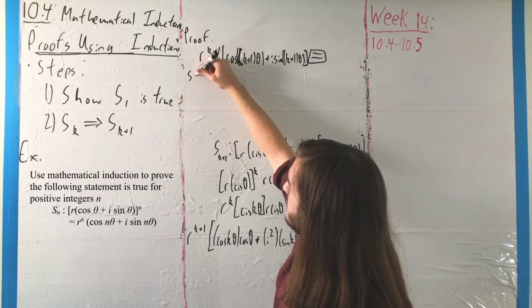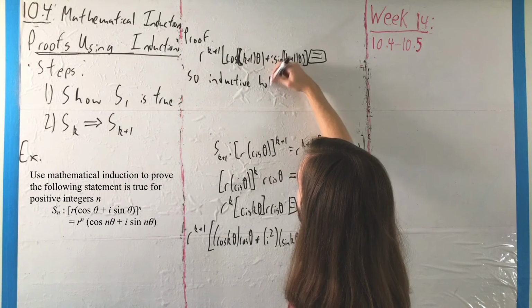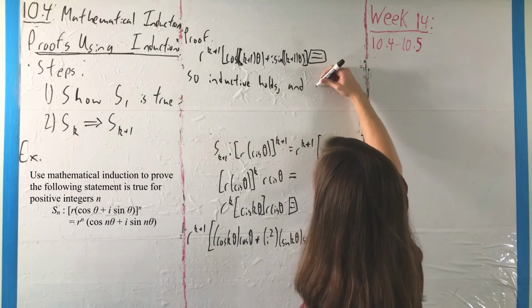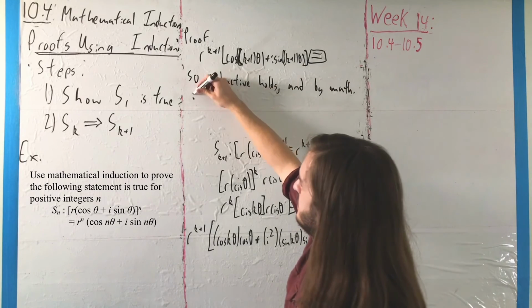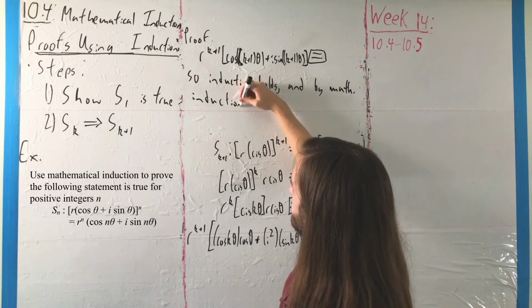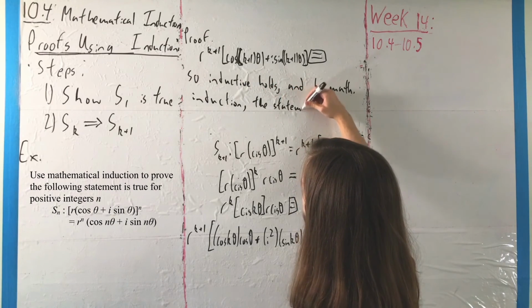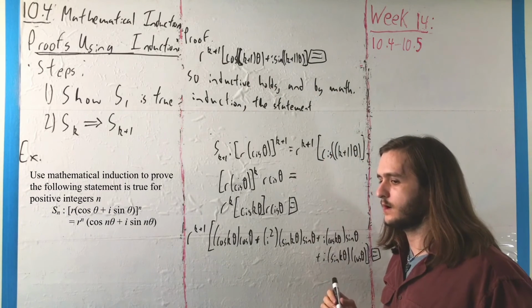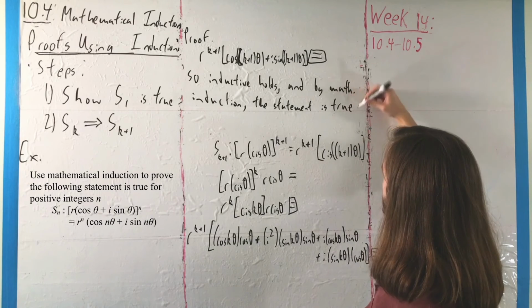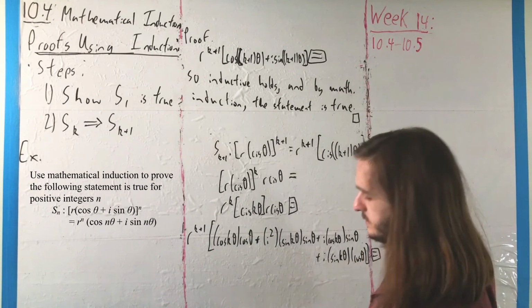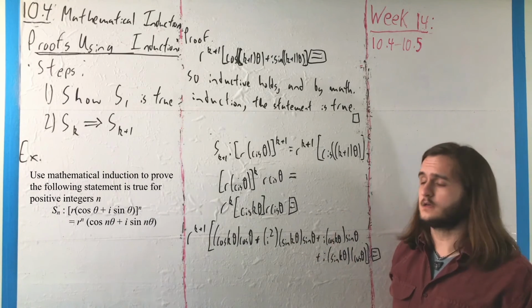That is, our inductive step holds, and by mathematical induction, the statement, that is de Moivre's theorem for complex powers, is true. Up to, well, my ability to have space on a whiteboard. But that's the idea here, and that's the idea for any inductive proof.